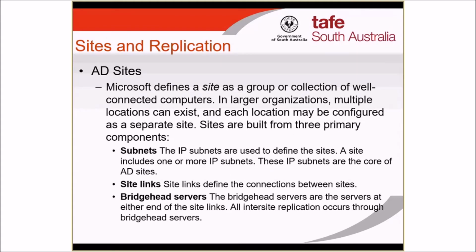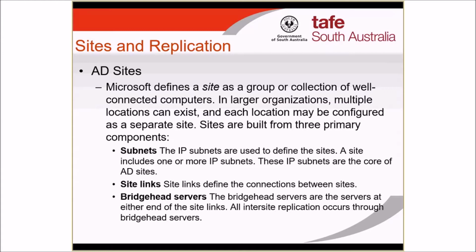Okay. So sites and replication. With Microsoft Active Directory, you can have multiple sites, just like TAFE has multiple sites here: Adelaide, Mount Gambier, Mount Barker, Noarlunga, Elizabeth, many sites. Obviously a site is defined so that within a site it's high-speed connections.